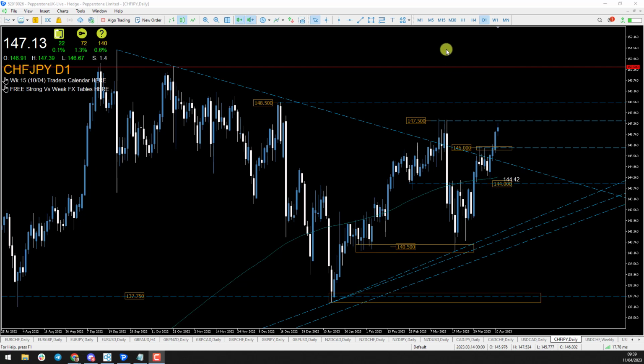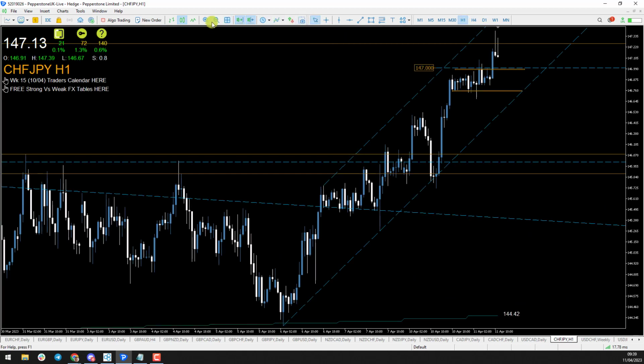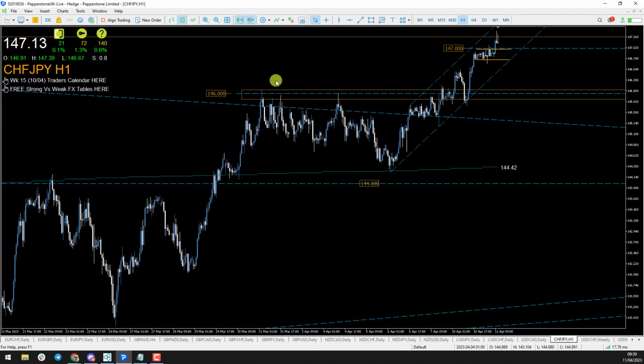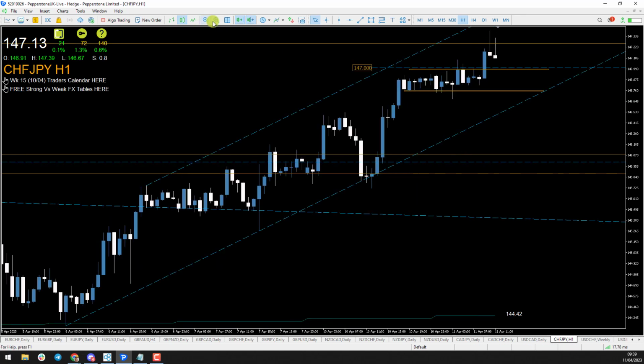Now going on to a lower time frame, you may want to look at something a little bit different. If I just open this up slightly, we can see that 146 area has been a key level of structure. If I just zoom in here though, we do have a potential opportunity which could form if price was to pull back a little bit. You can see I've got the 147 here. I've marked out a zone on this hourly of all this consolidation.